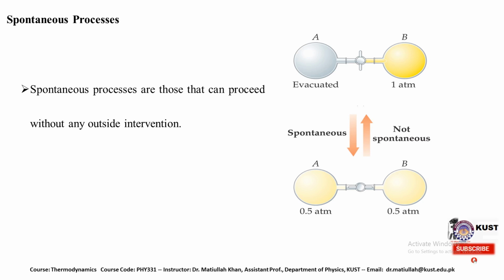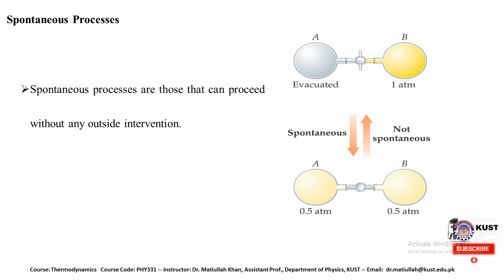If you want to do this process in the backward direction, if you want to extract the pressure from one tube and evacuate it just like it was before, and bring the same pressure back to the initial tube B, is it possible to do it spontaneously?